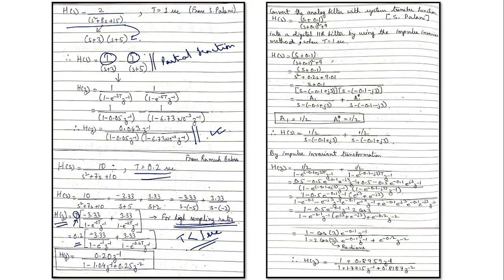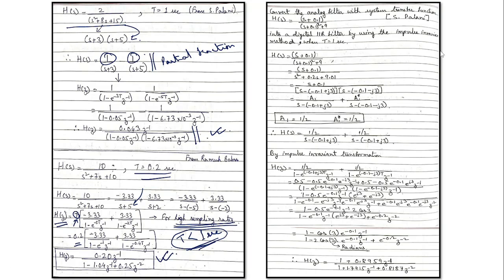So anywhere where you find that your capital T is less than 1, apart from applying this distinct pole transformation, you need to also multiply it with the capital T. Okay. And accordingly, after doing that, you can find out the transfer function of the digital filter. Okay.